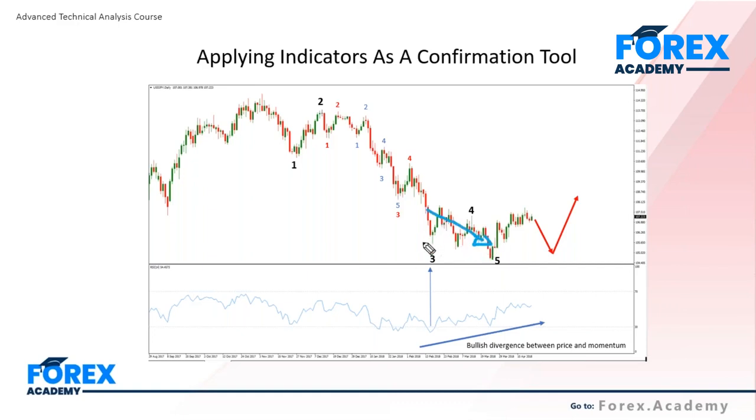We just simply look at that low versus that low. However, the momentum indicator has instead established a more uptrending structure. In other words, the momentum oscillator is suggesting that there is potentially inherent weakness in this downtrend, which would make sense if we're approaching the end of the wave structure.